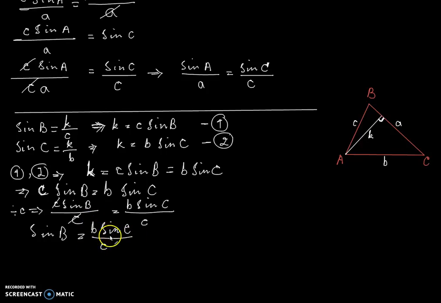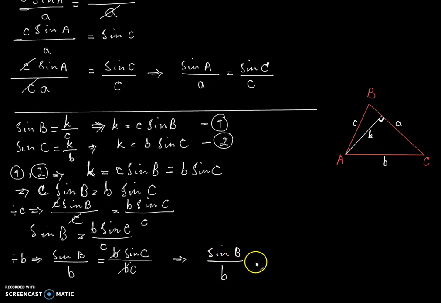Now if you divide everything by b, you would get sine B divided by b is equal to b sine C divided by b c. These two would cancel out, and so then you would get sine B divided by b is equal to sine C divided by c.